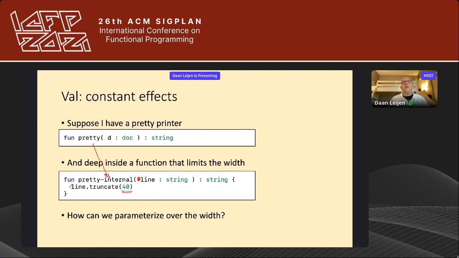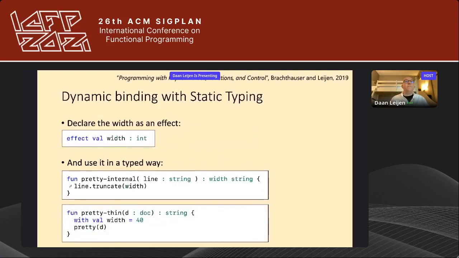So here's where effects can be very useful, right? In particular, we saw already the functions effect. Well, we also define value effects, and they're kind of functions that just return constants. So you can say, oh, I'm going to use width, and you just use the width in your internal function. And then at some point, when you use your pretty printing function, you just bind a handler there that says, okay, the width is 40.